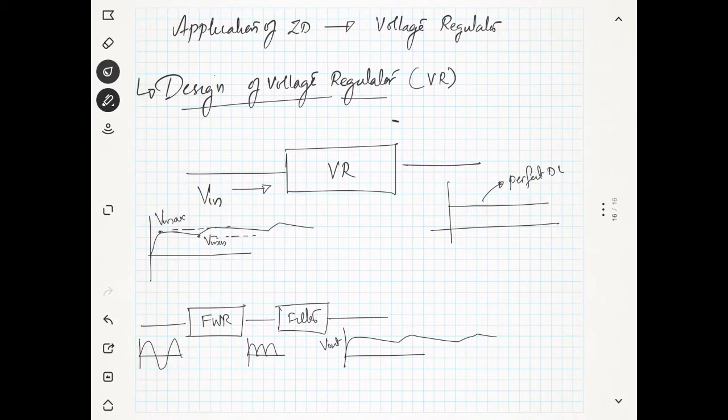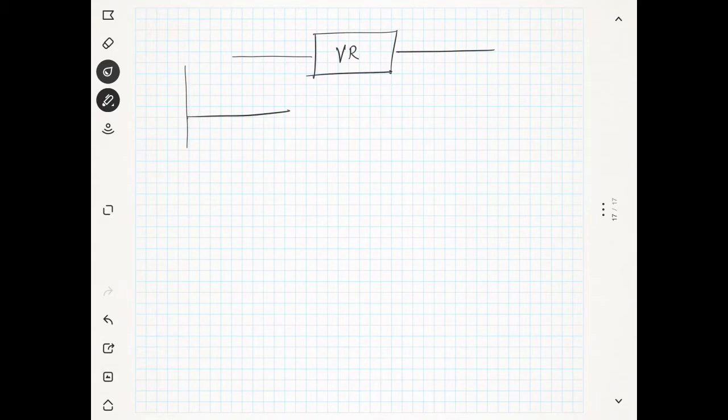So you can use the voltage regulator to maintain the voltage at a constant level. This is one of the main applications of the voltage regulator. For example, you can consider a voltage regulator like this. The input is changing.